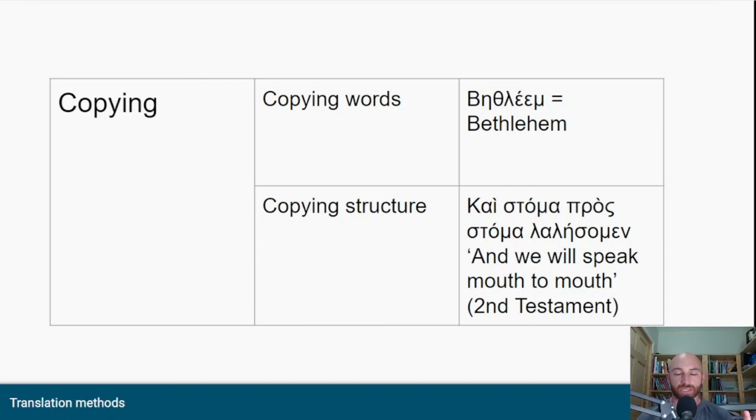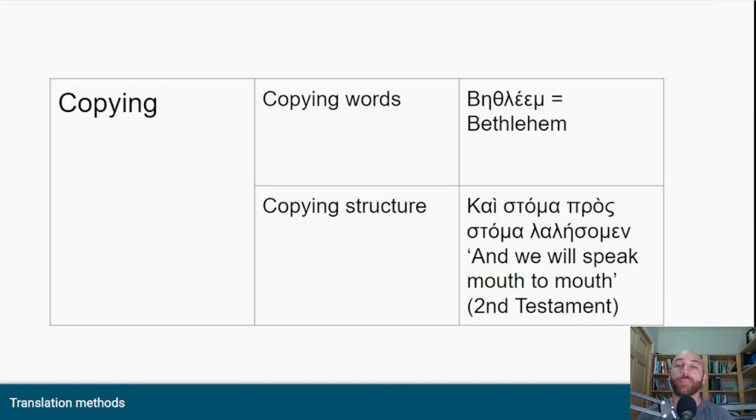So this list of methods is from Anthony Pym. He has 7 methods of basically equivalence in different ways. And what I want to show here is that everyone is doing all of these things. The question is just when and why you're doing it. So copying.